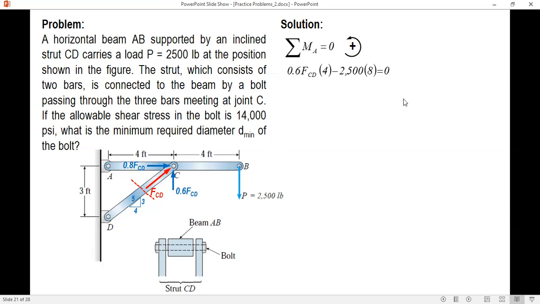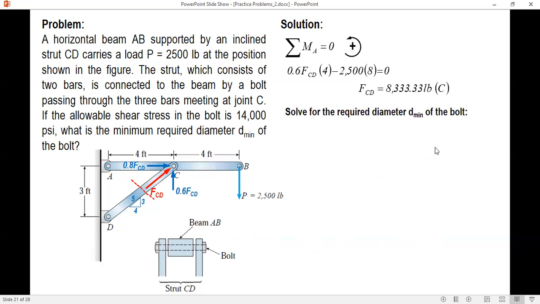And from here, you can solve for FCD. It's 8,333.33 pounds in compression. So we now have the value of the force combined with the allowable stress, and we can solve for the area. And from the area, we can solve for the minimum diameter.